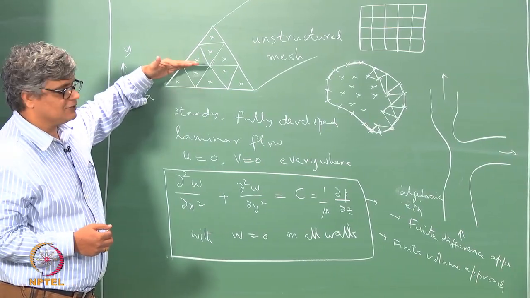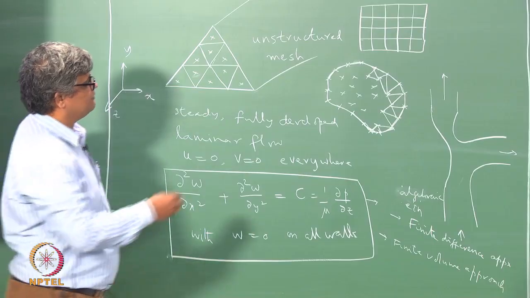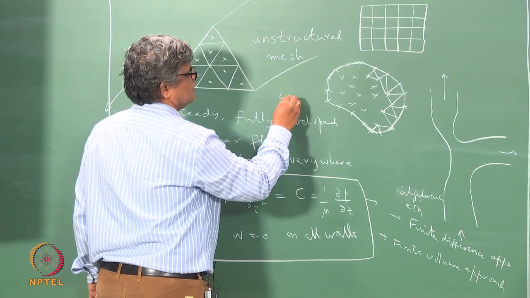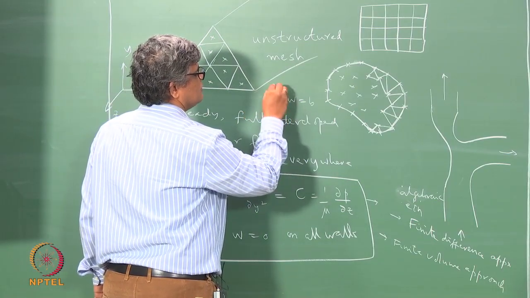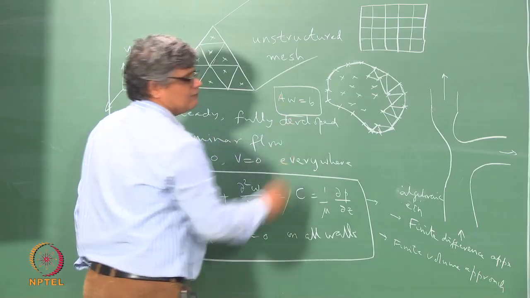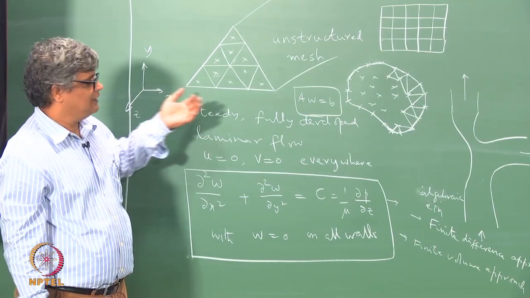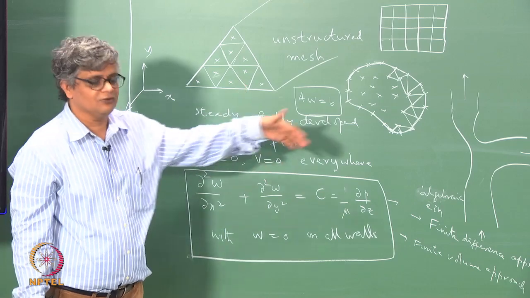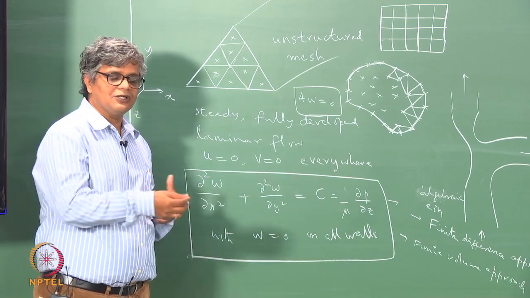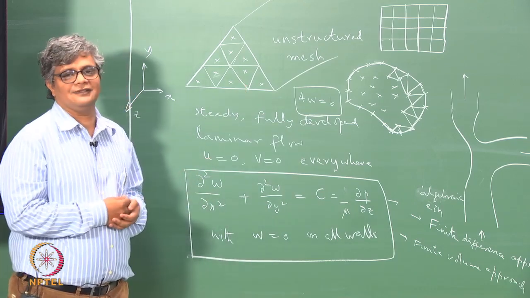So, at the end of this discretization, we again have a set of equations which can be written as AW equal to B, and in many cases we can make use of the same solution techniques for the solution of this as we do for the finite difference methods. Not in all cases, but definitely in many cases.